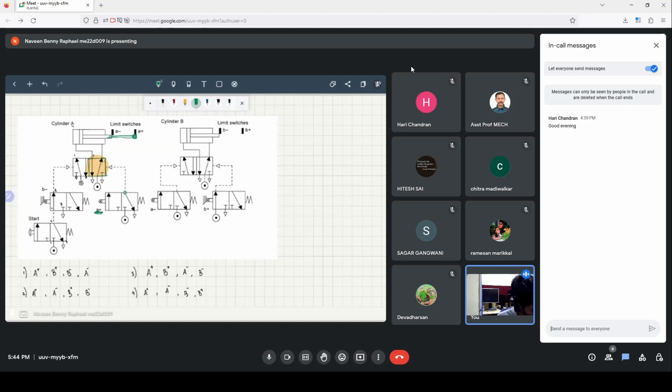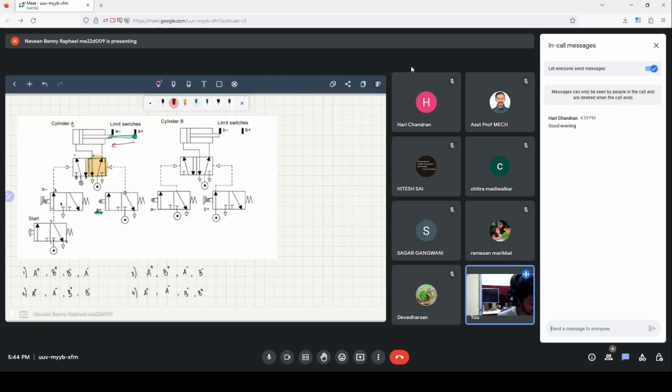Now, since this region of the valve is activated, the source here will push back the cylinder, so we get that cylinder A will retract. So now the cylinder A retracts.